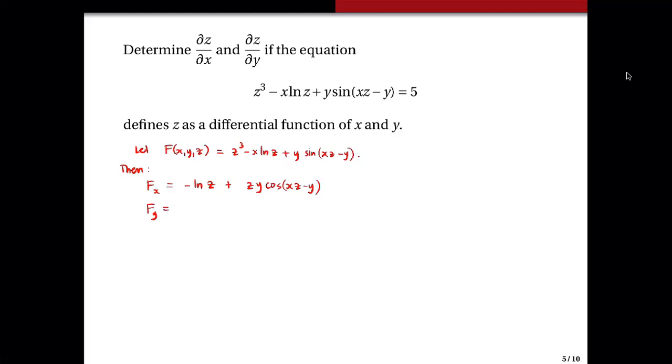Let's have f sub y. So we have chain rule, we have product rule for this. So we will have y cosine of xz minus y times derivative of negative y with respect to y, that's negative 1. Okay. Then plus we have sine xz minus y.